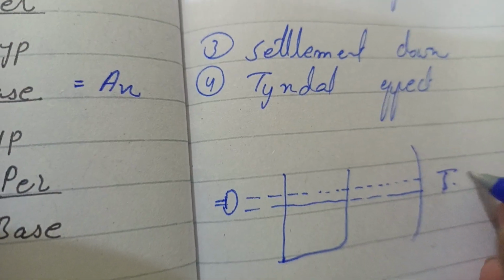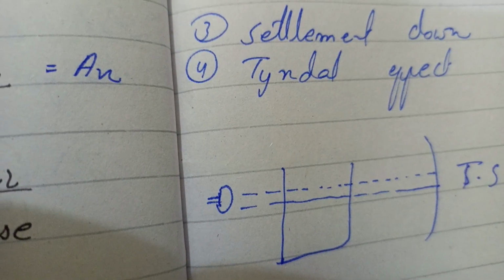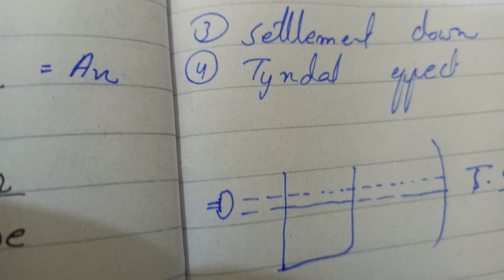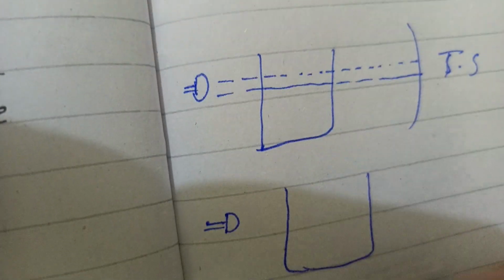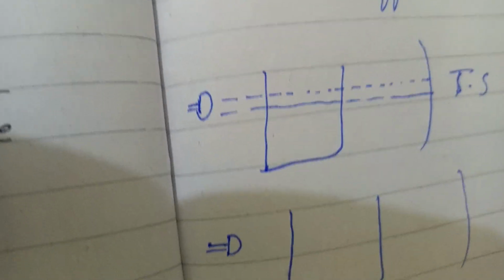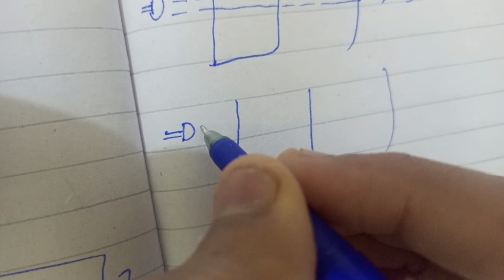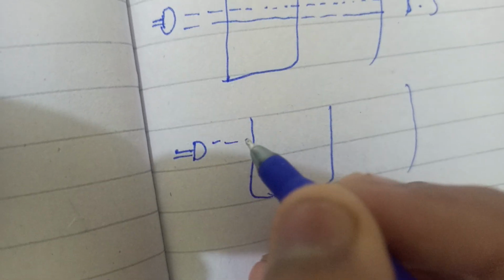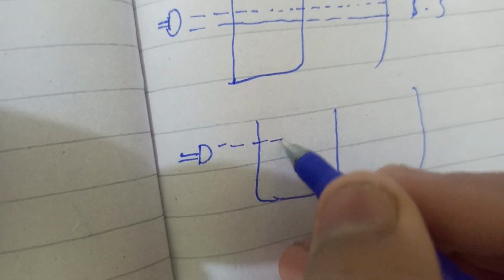Now if we talk about colloids, what does it mean? Here is the screen, and if you turn on the light and try to make it go through like that, it will just stop right here and try to disperse.